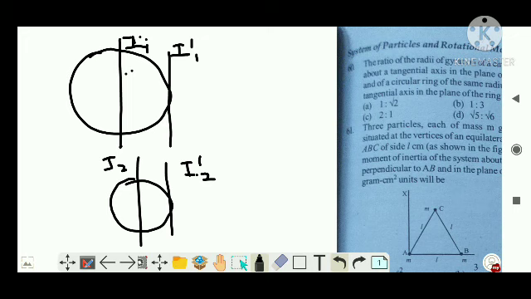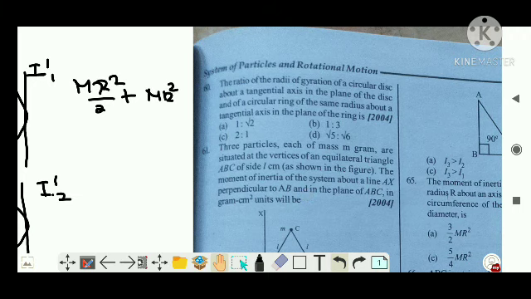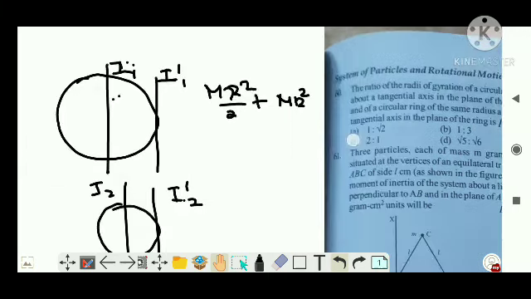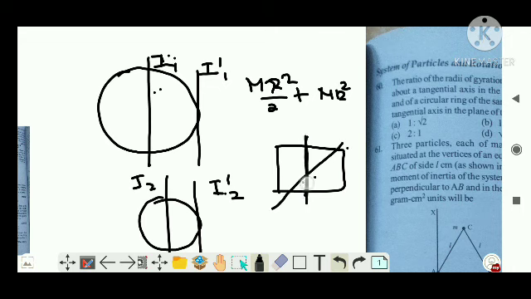This is the disk, so it is mr squared by 2 plus mr squared, right? And the tangential axis is in the plane, not into the plane. We have a sheet, and you have just drawn a line over it; it is not passing through it like this, it is passing here.